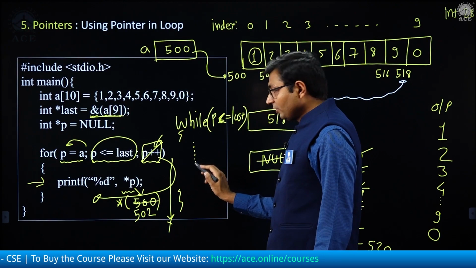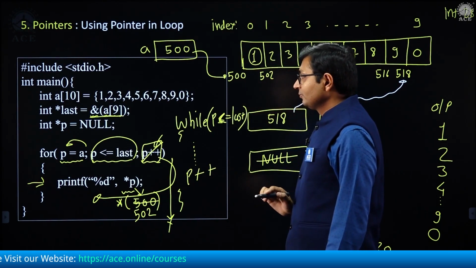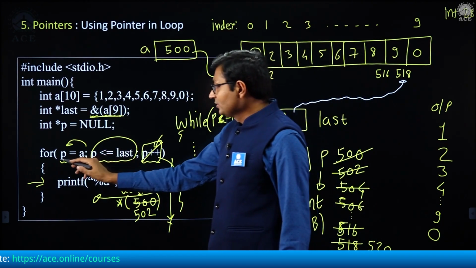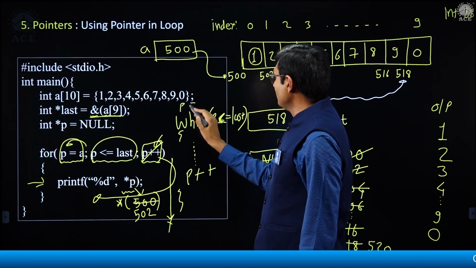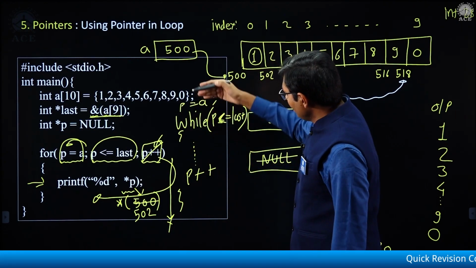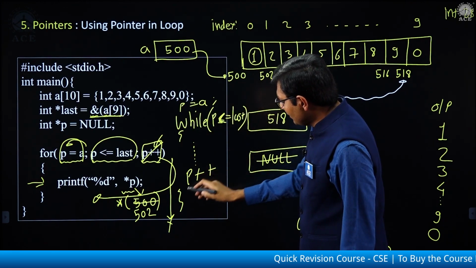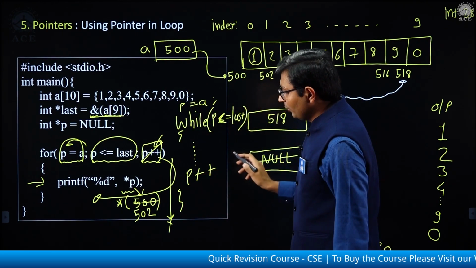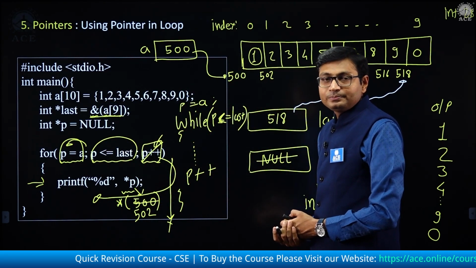So do the work whatever you want to and then just do P++. Alright. Of course, this statement you have to move above the while loop. So P is equal to A you have to do. So initialization of the P variable, condition and increment, and again this loop will keep on going. So same thing I can do with the help of while loop also. Alright.